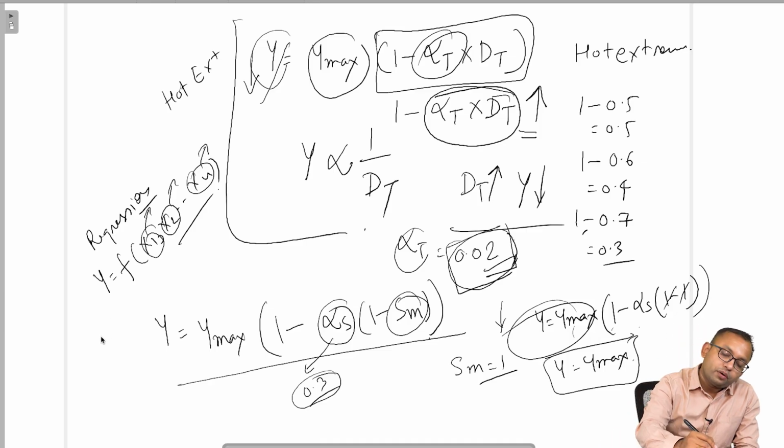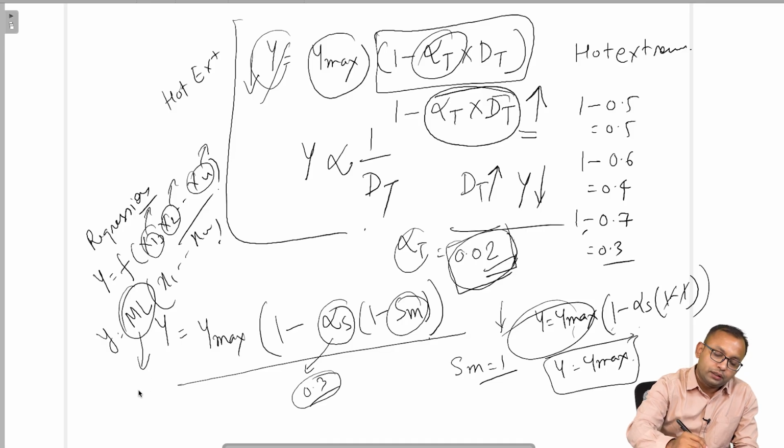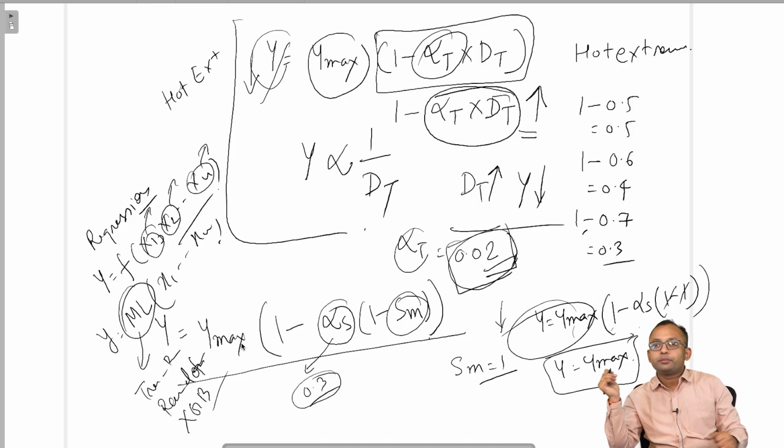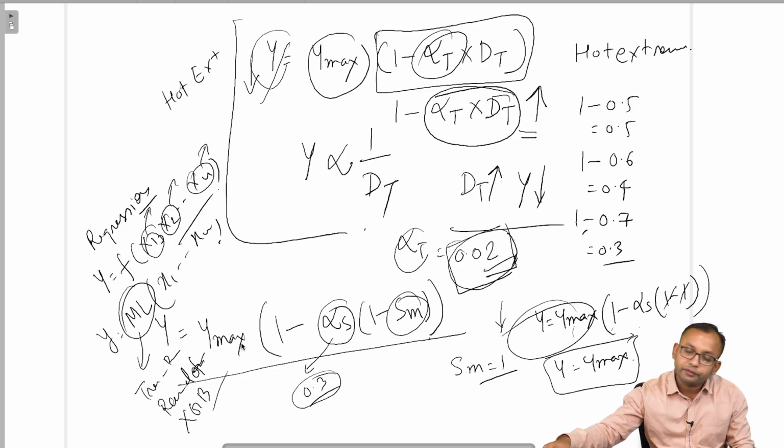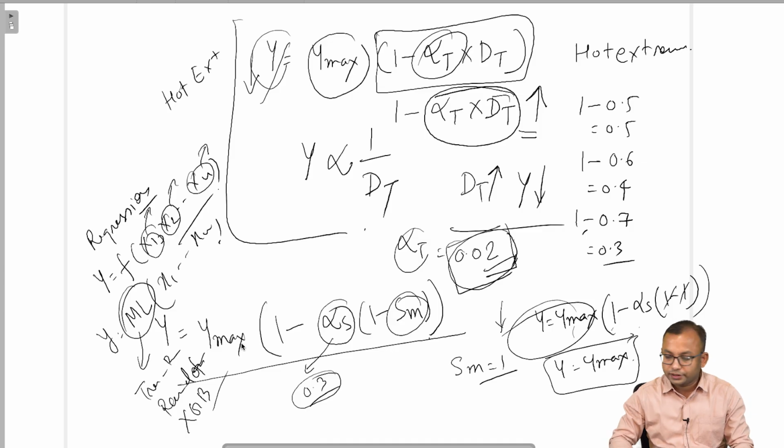You can also think about making an ML model, where you have x1 to xn and use tree based regression, random forest, or XGBoost. Those are algorithms you can use to predict how your crop yield changes with different drought or climatic extreme conditions.